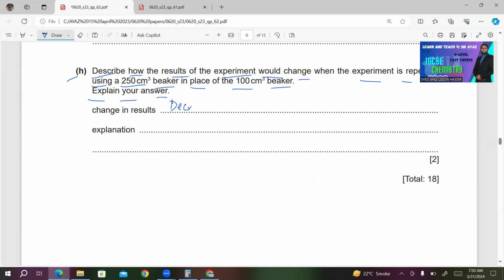So the time decreases, less depth. The depth will decrease, less depth to look through when the text becomes visible.